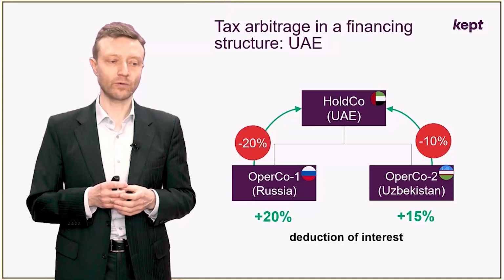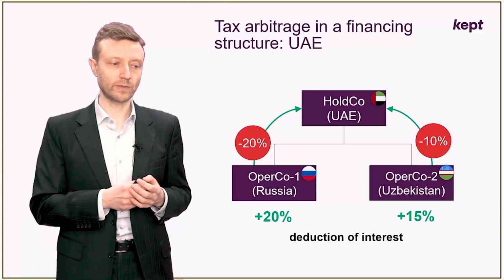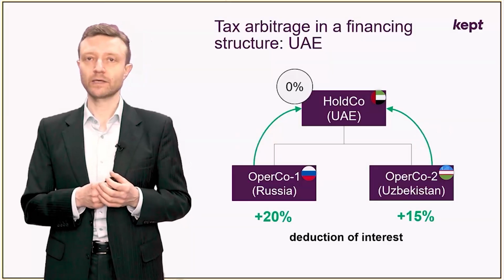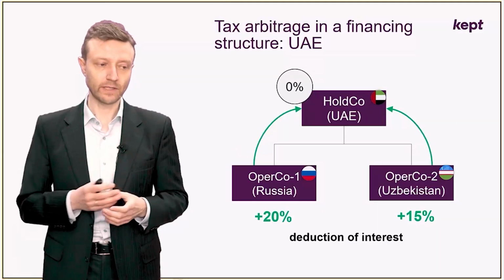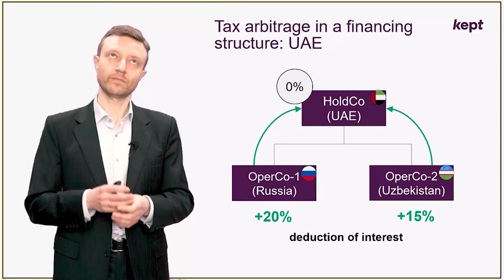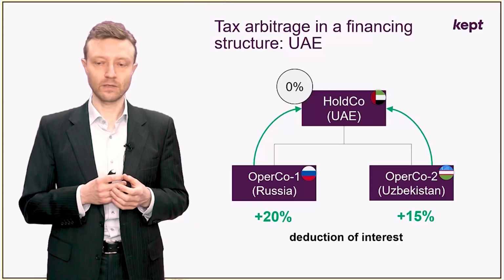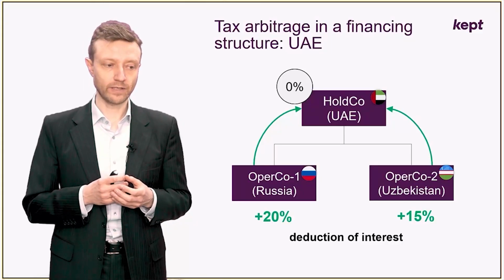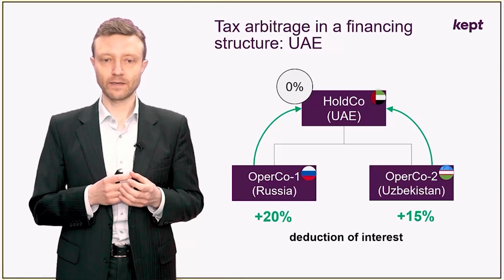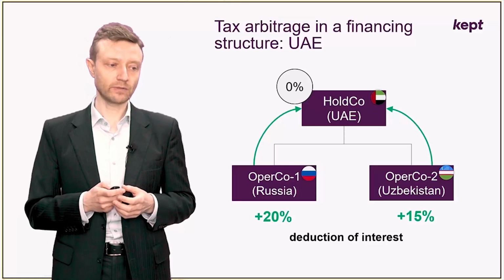This is why we are going to lose in Uzbekistan 10% of interest payment, and in Russia 20% of interest payment. We can assume that if done properly, it is possible to apply 0% corporate income tax rates in the UAE to interest payments. This is why there is no additional tax burden, tax leakage here.